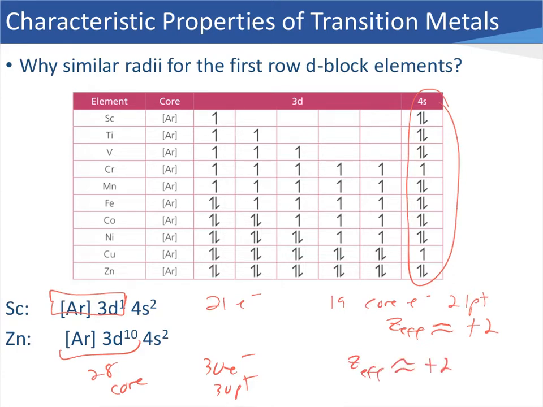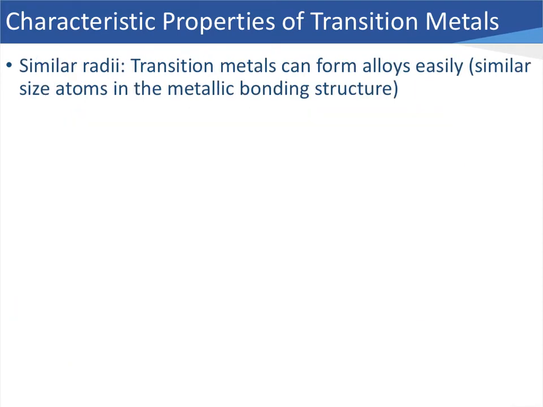So the effective nuclear charge is not changing very much as I go across period 4 in terms of the transition metals from scandium to zinc. That leads to similar radii, which means they can form alloys quite easily because similar size atoms in the metallic bonding structure can be replaced.